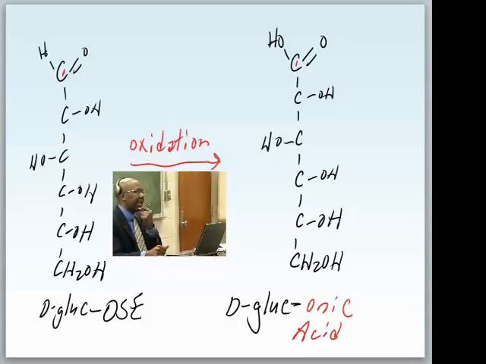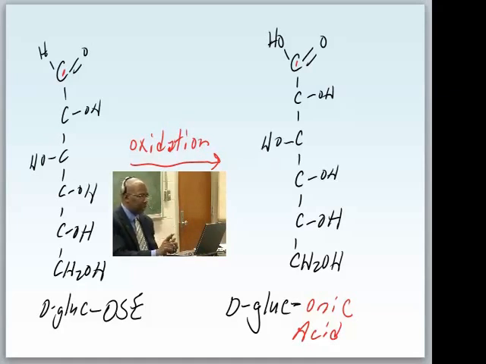What if the aldose were galactose and we oxidize galactose at carbon 1? What would be the name of the carbohydrate if the aldose was galactose and we oxidized carbon 1? What would be the name of the new carbohydrate? Okay, the carbohydrate is galactose.